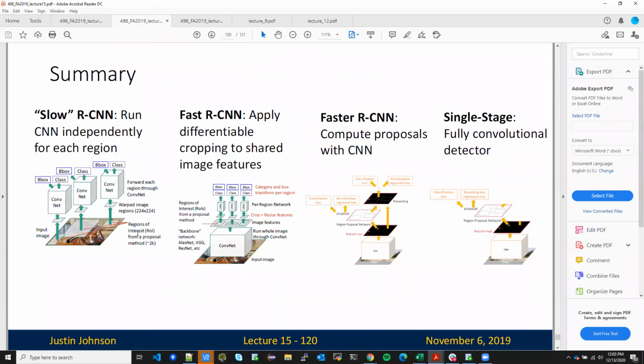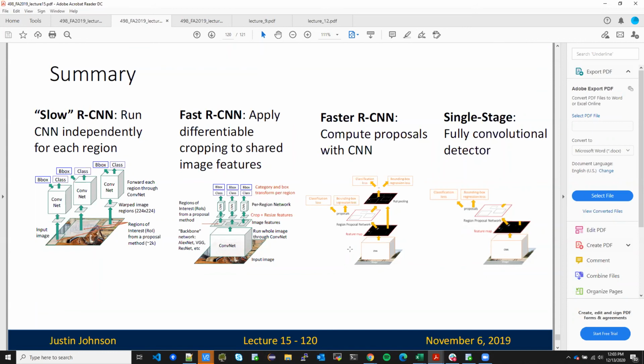This is a summary of the methods we talked about. Initially you just had the image, you would have a non deep learning based proposal method, and then pass each of them through a convnet and predict the what and the where. Fast R-CNN switched that: you run the convnet first, and then do your region of interest proposals.